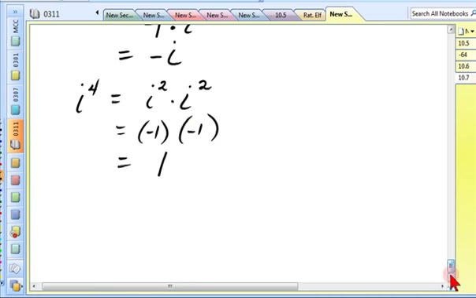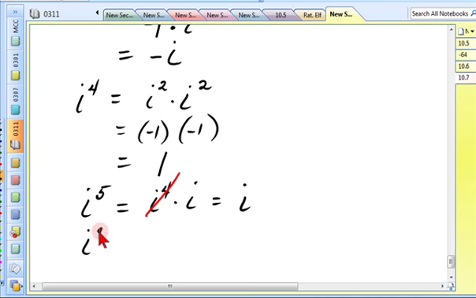All right, how long am I going to keep this up? i to the fifth. Well, I really like i to the fourth because it's equal to 1. So I'm going to say that i to the fifth is i to the fourth times i. Since i to the fourth is 1, it's the identity, can I just ignore it? Yeah. And that means that i to the fifth is the same as i.